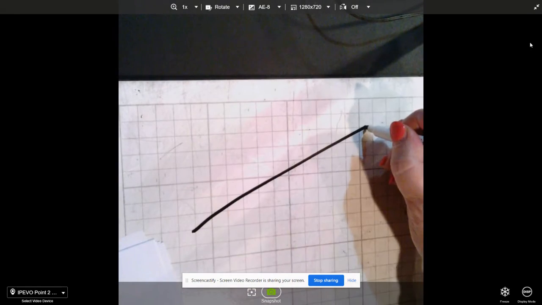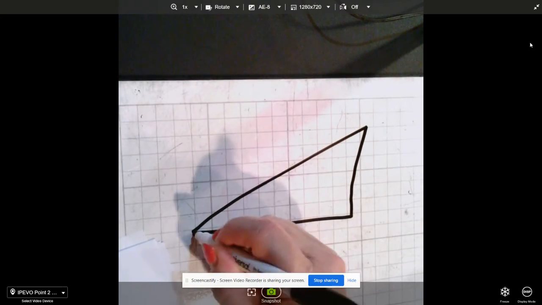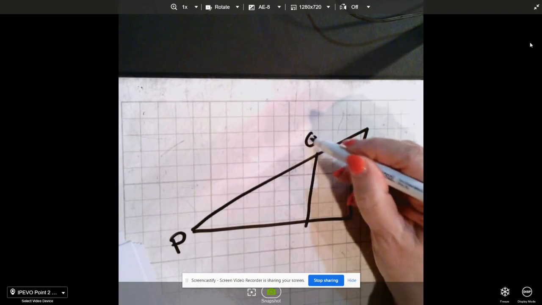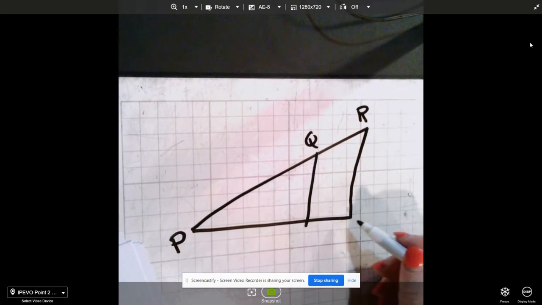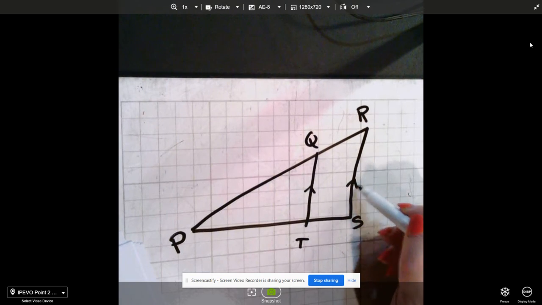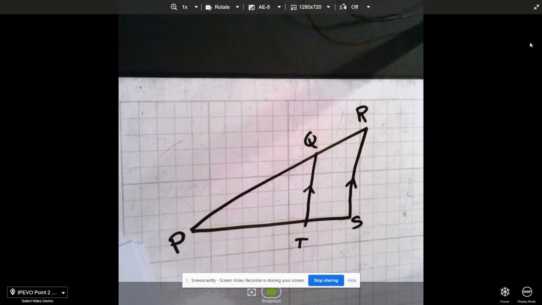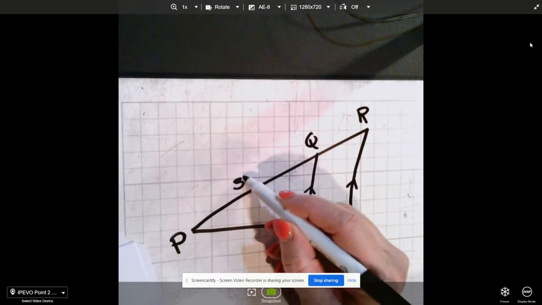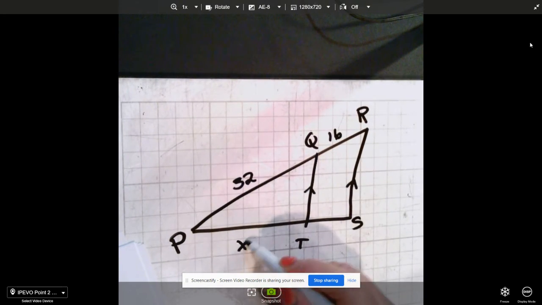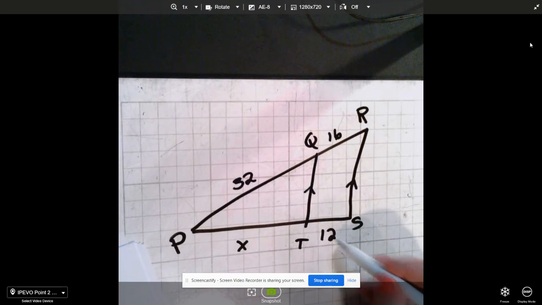So if I draw out this particular triangle that they have here, again, a little bigger so we can see it. This is P, Q, R, S, T, and it says these two are parallel, so those two are your parallel sides. And it says that this side is 32, this side is 16, this is X, and this is 12.